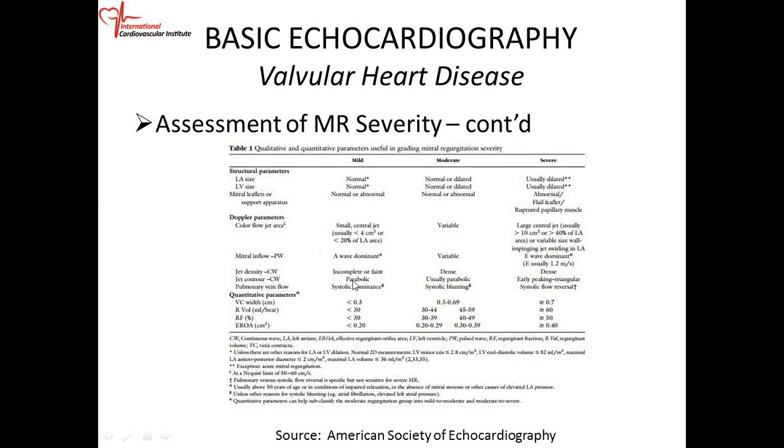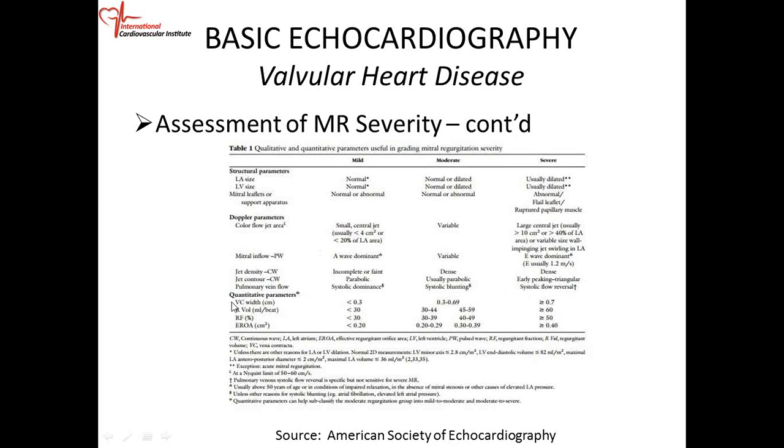For mild mitral regurgitation, it's very faint and it's rounded, parabolic. Pulmonary vein flow, okay, you get systolic flow reversal, okay, systolic flow reversal, important. For mild, you get systolic dominance, okay. For moderate, anything that falls in between is moderate.